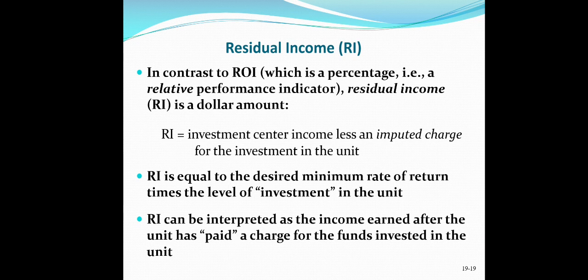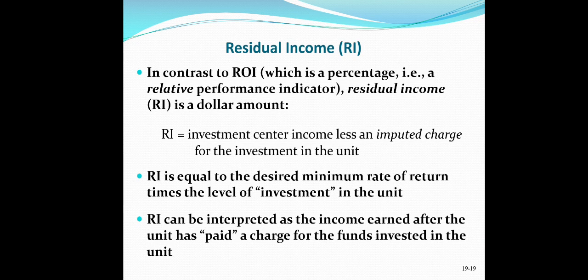Okay, so see the equation here. Residual income is equal to investment center income less an imputed charge for the investment in the unit. You will see in the next slide there is a sample calculation for RI. The imputed charge is equal to the desired minimum rate of return times the level of investment in the unit.